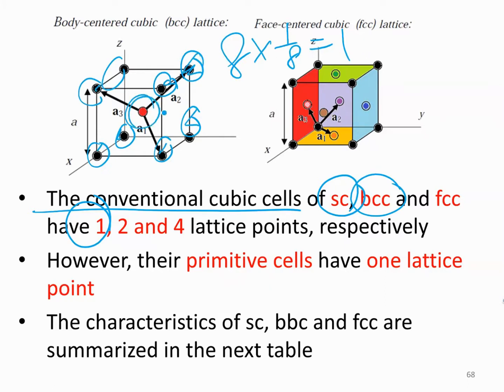How about the center one? The center one belongs 100% to this unit cell, so the contribution is 1. So 1 plus 1 equals 2. Therefore, the conventional cubic cell of body-centered cubic has 2 lattice points. This is how the 2 lattice points come from.